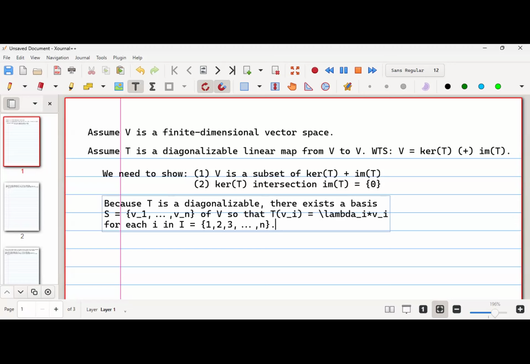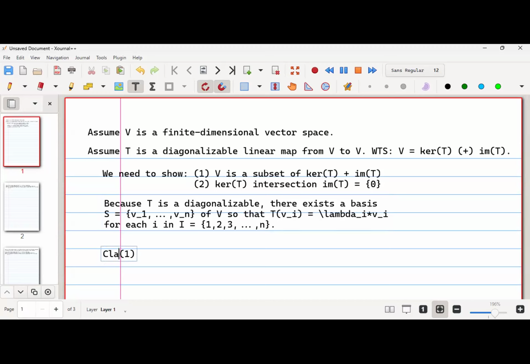My LaTeX thing doesn't work, I don't know why. But so yeah, there's a basis consisting of eigenvectors of T.